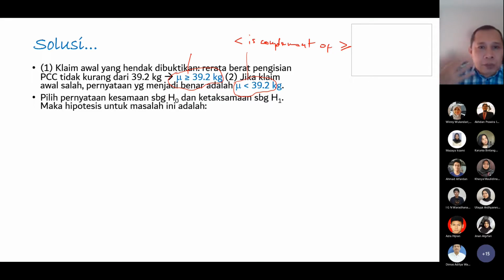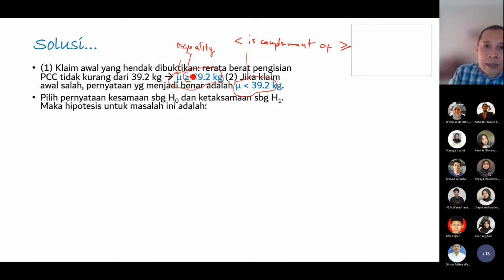All right, so between those two statements, the original claim and the statement that would become true if the claim is wrong, we select the one that contains equality as the null hypothesis, and the one that contains inequality to be the alternative hypothesis. For this problem, the one that contains equality is, of course, the original claim. How do we know that it contains equality?